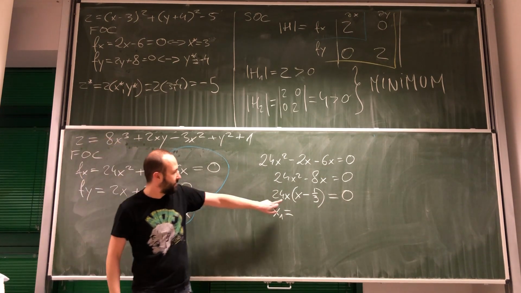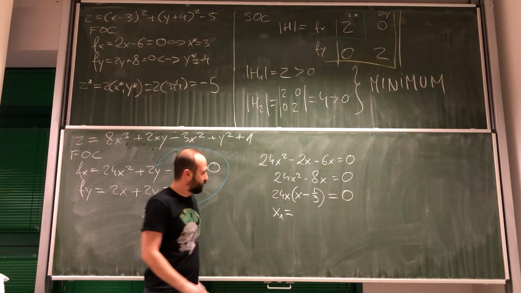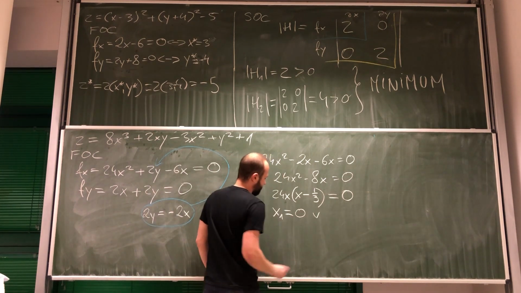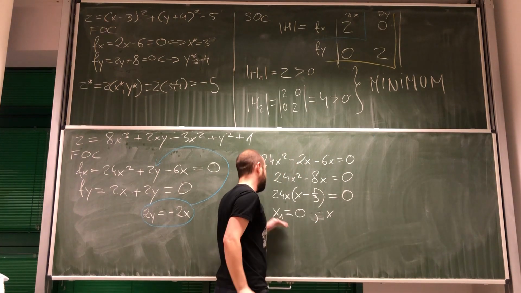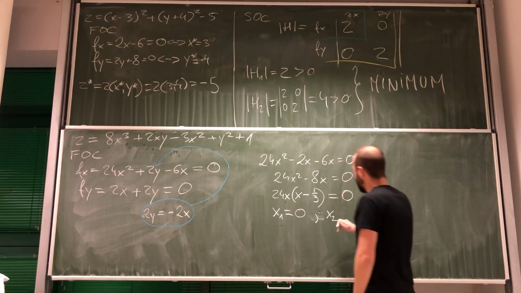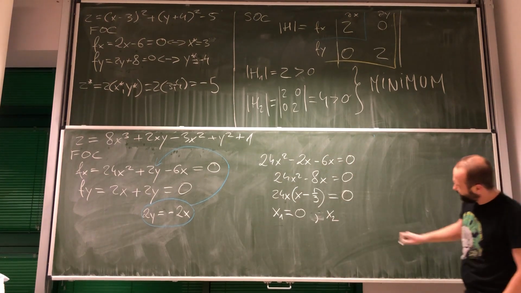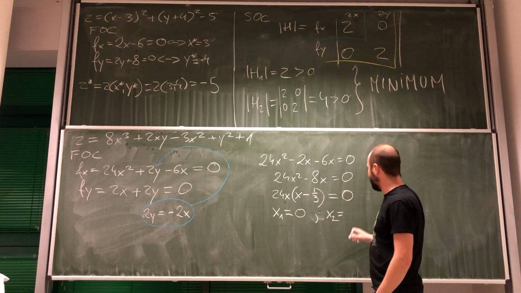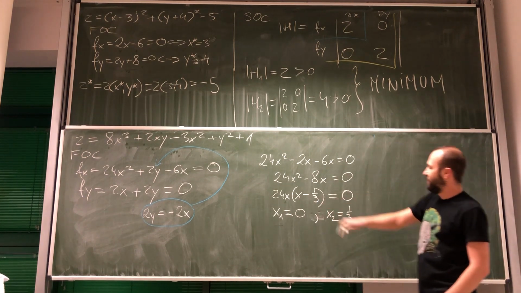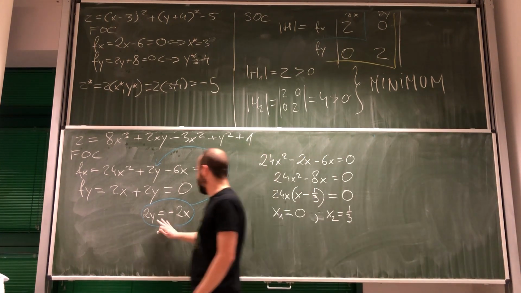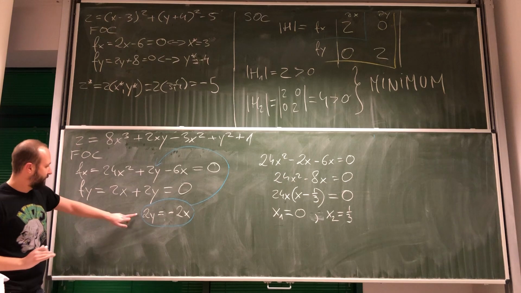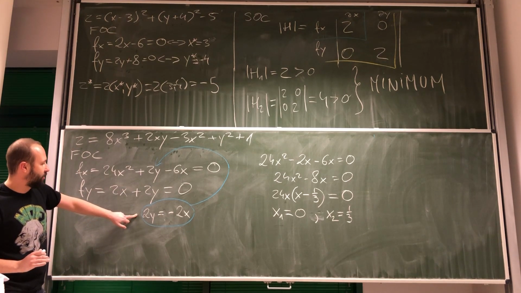The first one is x equal to 0, or of course we can have x1, x2, and then x2 is going to be equal to 1 over 3, right? Now, from here, we can actually read what y is going to be.